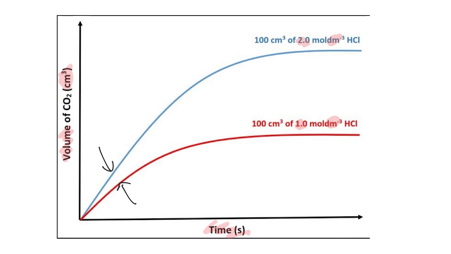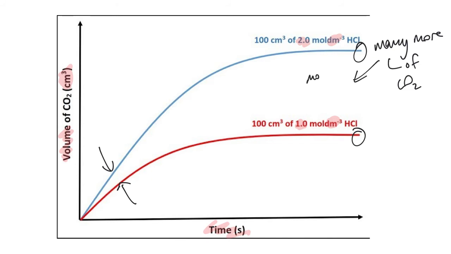But not only is it showing that, it's also showing by the position at the end that there's many more liters of CO2 produced with the blue line than with the red line, which means that there's actually many more moles of reactants. Okay, because the moles of reactants determines how much is produced, and the concentration determines the gradient.